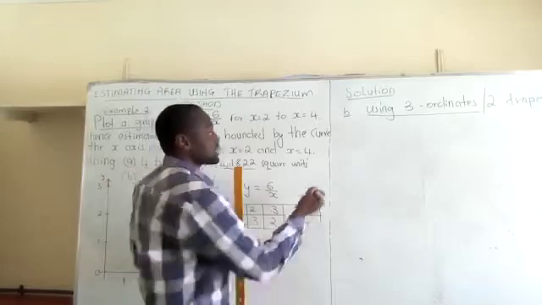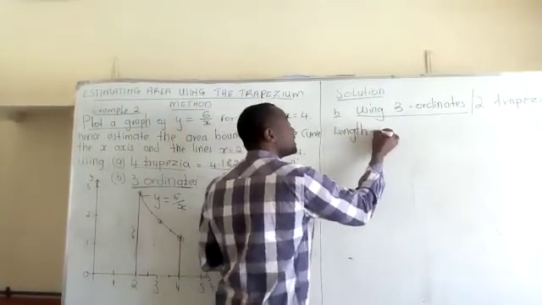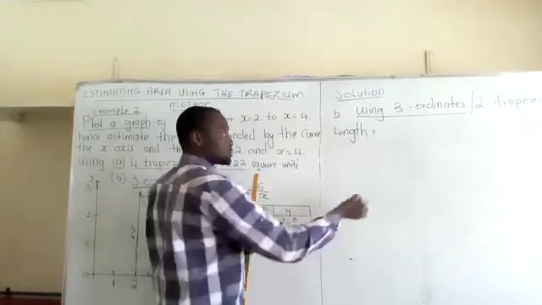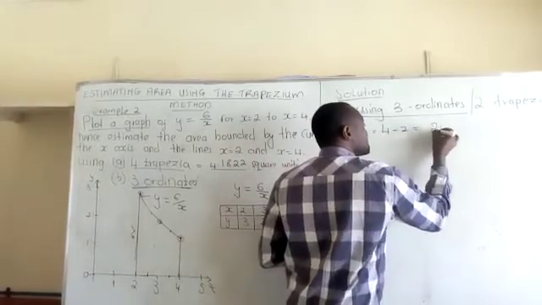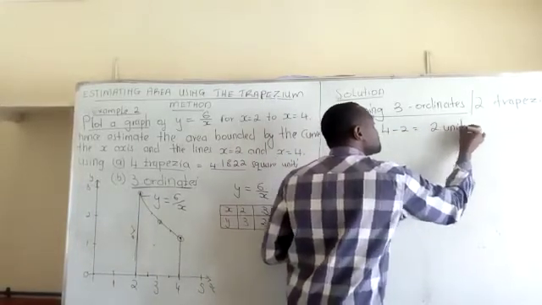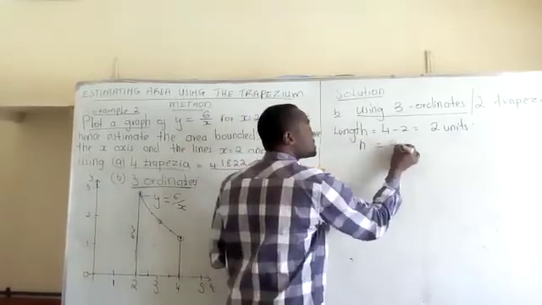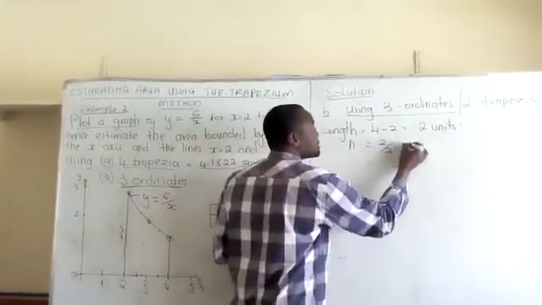Therefore, we go and check what is the length. The length at the base there is, we need x equals to 2 up to x equals to 4. So that is 4 minus 2, therefore that is 2 units. So what will be our height h? Our height will be the 2 units divided by the number of trapeziums that we need, divided by 2.